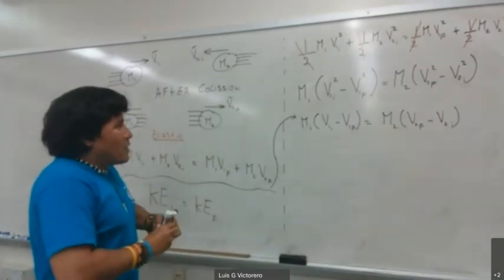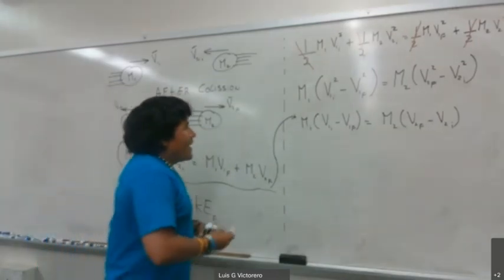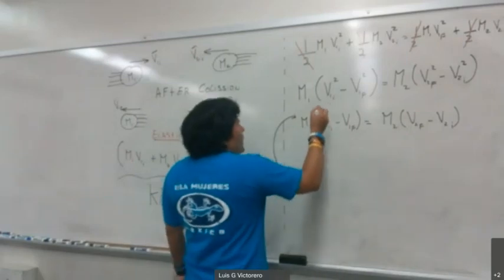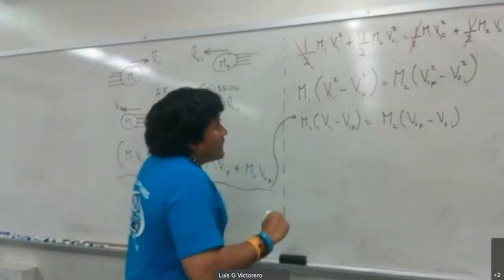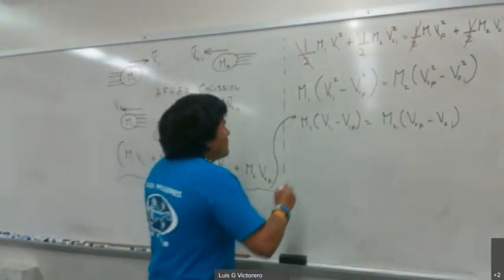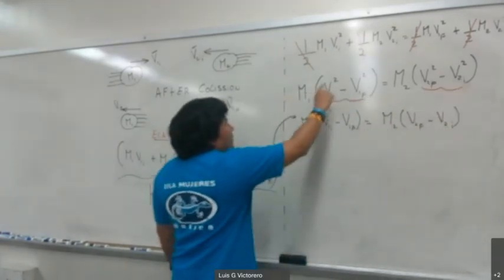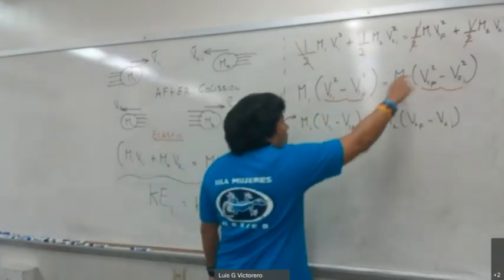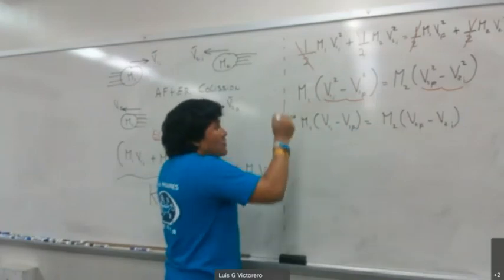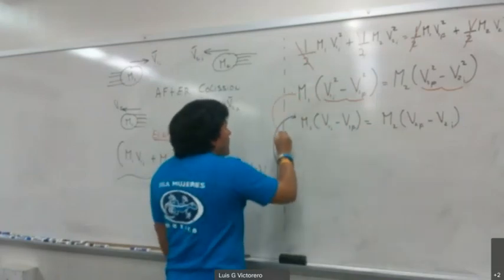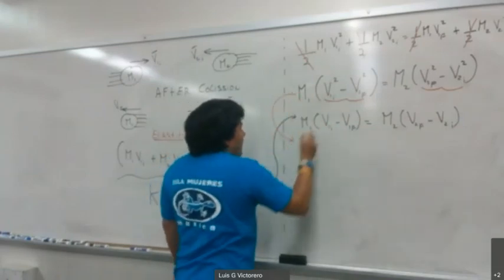I already see what I want to do, right? There's something you need to remember from algebra: A squared minus B squared, it's like a difference of squares. So this equation here, I can write like this.